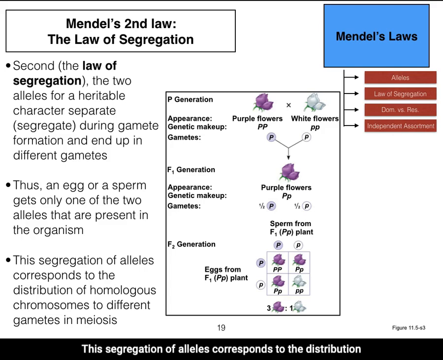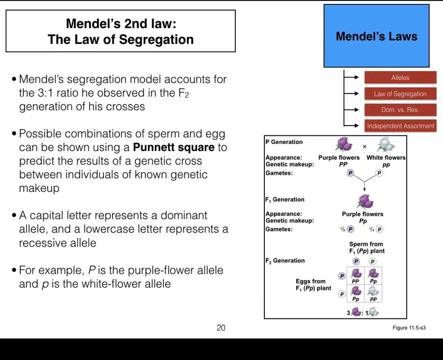This segregation of alleles corresponds to the distribution of homologous chromosomes to different gametes in meiosis. The law of segregation accounts for the 3-to-1 ratio of the phenotype that Mendel observed in the F2 generation of his monohybrid crosses.